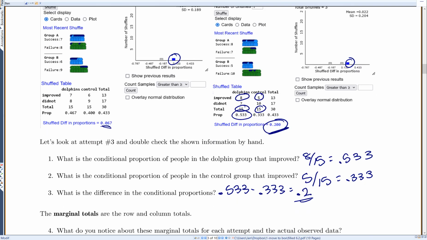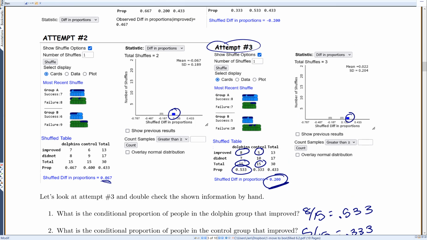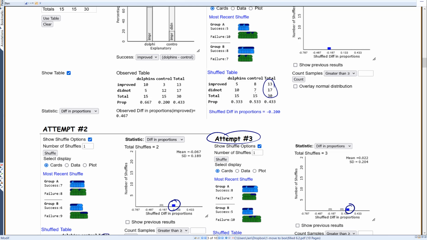Now, an interesting thing I want you to notice is that the marginal totals are the row and column totals. When we do this, look at all 3 of these attempts. What do you notice about the marginal totals? Like the 13, 17, 30, 15, 15, 30. They're always the same.